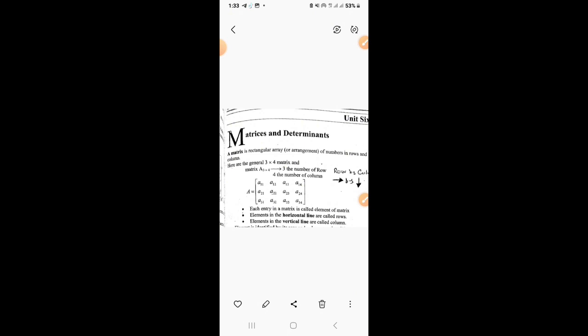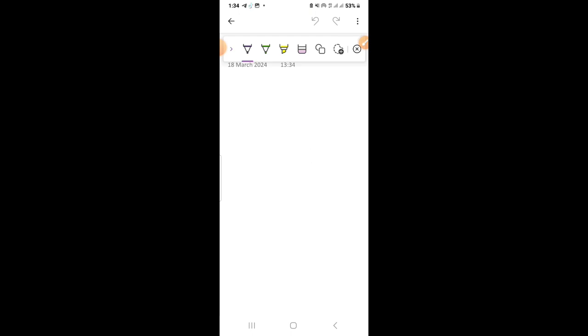Most of the time a matrix is denoted by capital letters like A, B, C, D. Matrix A is given by: the first entry, in the first row and column, is A11, A12 up to A1n.